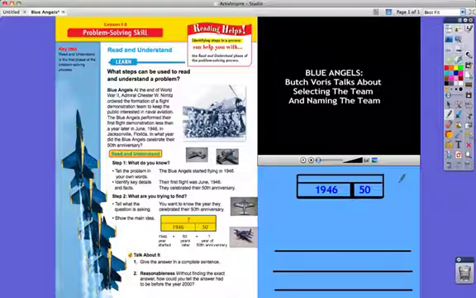Again, the question wants to know, in what year did the Blue Angels celebrate their 50th anniversary? So we're going to add 1946 plus 50. When we finish here, that should tell us the year in which the Blue Angels celebrated their 50th anniversary.